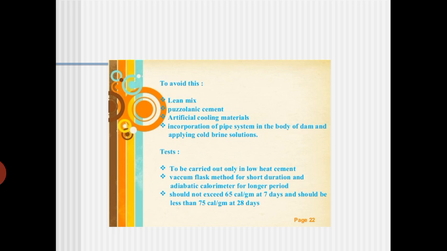Normally 7 days, 14 days, 28 days you will do it for curing. In that curing also, the cement should not lose its calories. So these two typical values are very important when you are conducting this test.